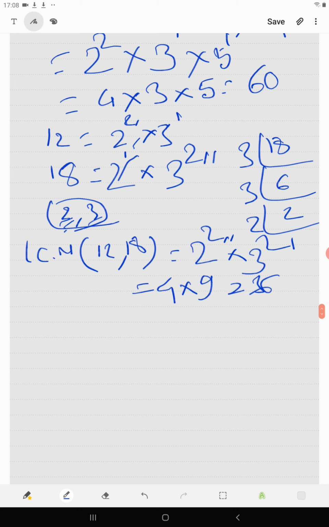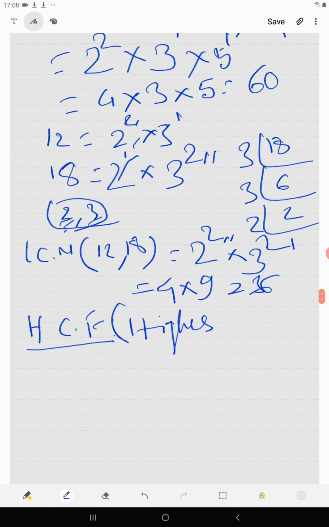So hope you understood about LCM. Now let's move on to HCF. So what is HCF? HCF is also called highest common factor. So what is HCF?